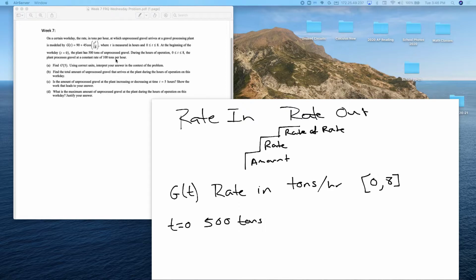So the 100 tons per hour is the rate out. So we got a rate in, we got a rate out, and that's also going from 0 to 8. It's important to kind of note where they're working from. So if you think about what's happening on this, you got this rate in, rate out, and then you start answering questions on this.